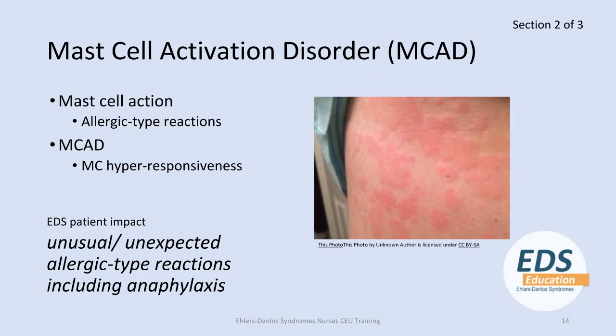Another disorder that nurses should be aware of is something called mast cell activation syndrome, which is a type of mast cell activation disorder. This can include anything from a mild to a moderate to a severe allergic reaction like anaphylaxis that can occur inappropriately. Mast cells are the allergy cells in the body.